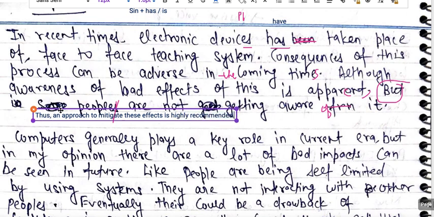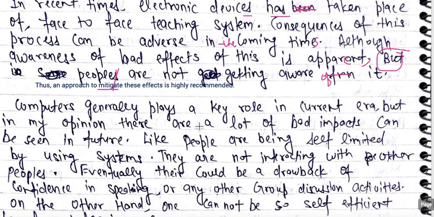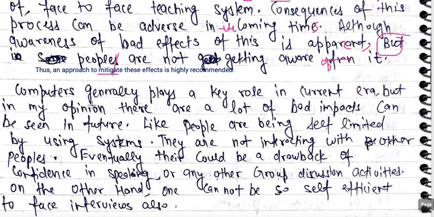Okay. So you said that you will also mention the solution. Basically this an approach to mitigate, meaning to solve these problems, is highly recommended. Okay. Now you have come to body para 1.